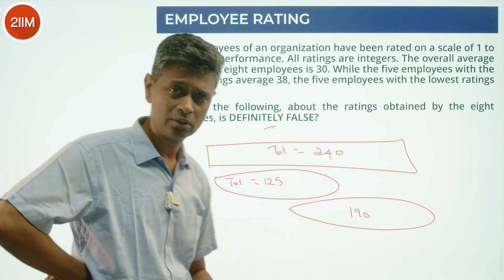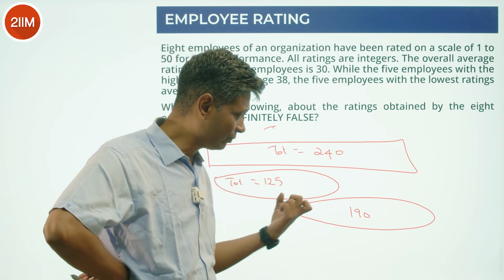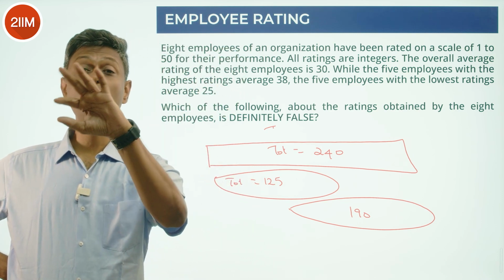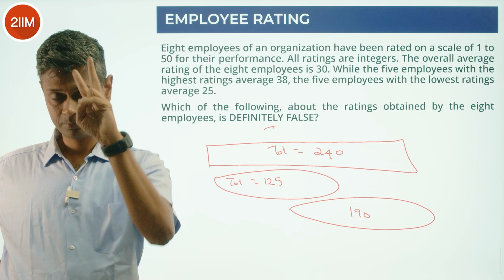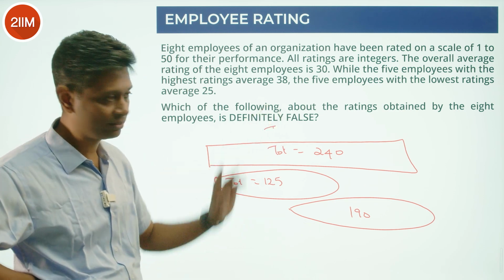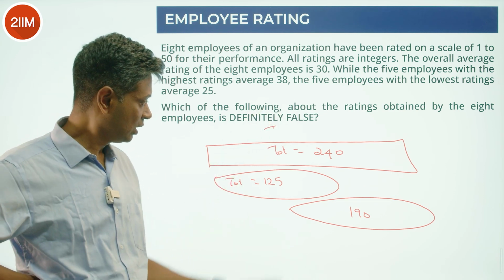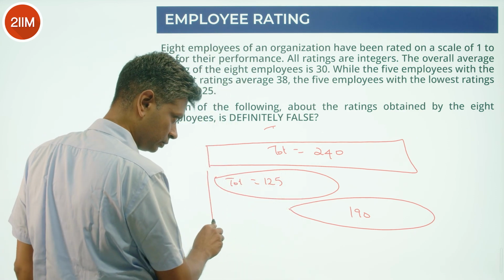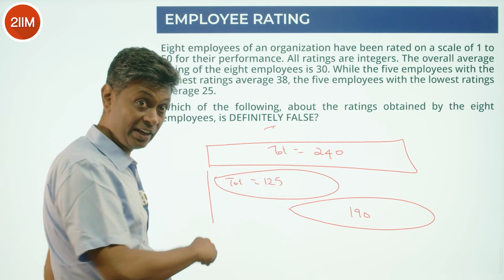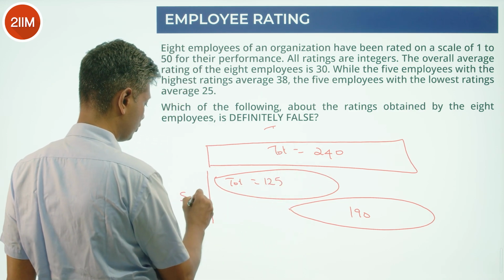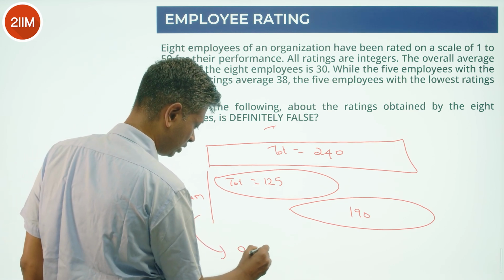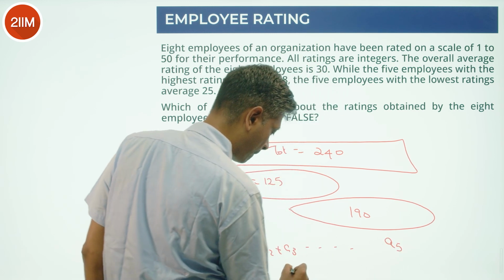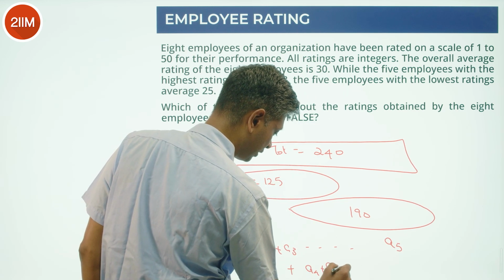If I add these two, 1 to 5 and 4 to 8 get added. So the middle two weights, 4 and 5, will get added twice. If I add these two sums, it will be A1 plus A2 plus A3 all the way till A8, plus A4 plus A5.